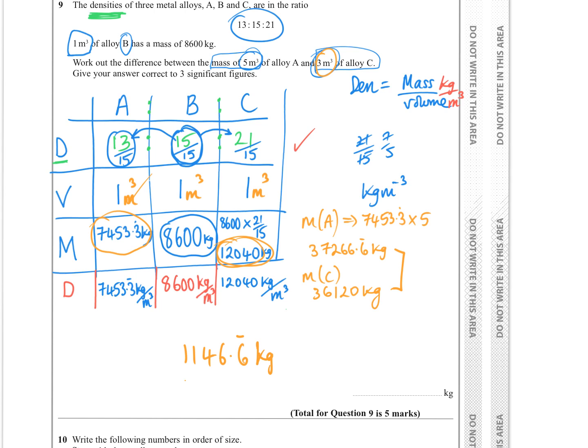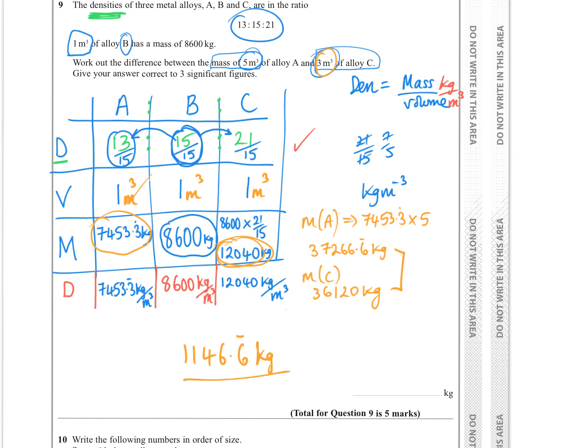Now you can probably sense that I'm a bit reticent on this question. I'm not really confident on it because it's making my brain go in overdrive. But it's the first time I've seen the question, so I think if I was doing this paper I would worry about this one and probably leave it till the end.